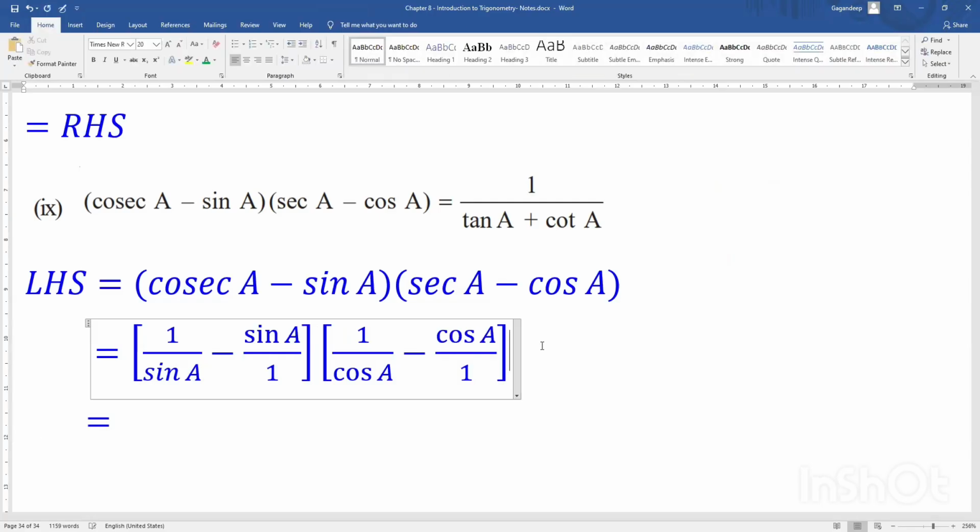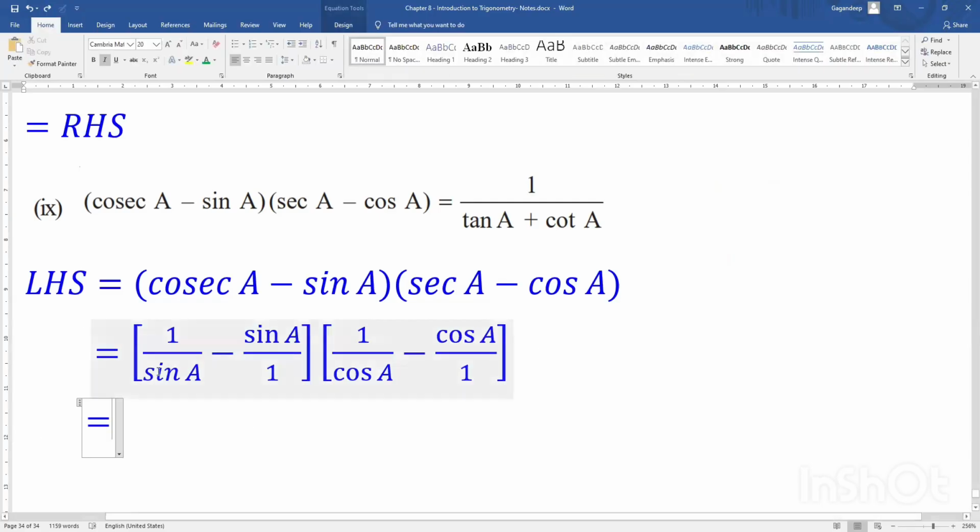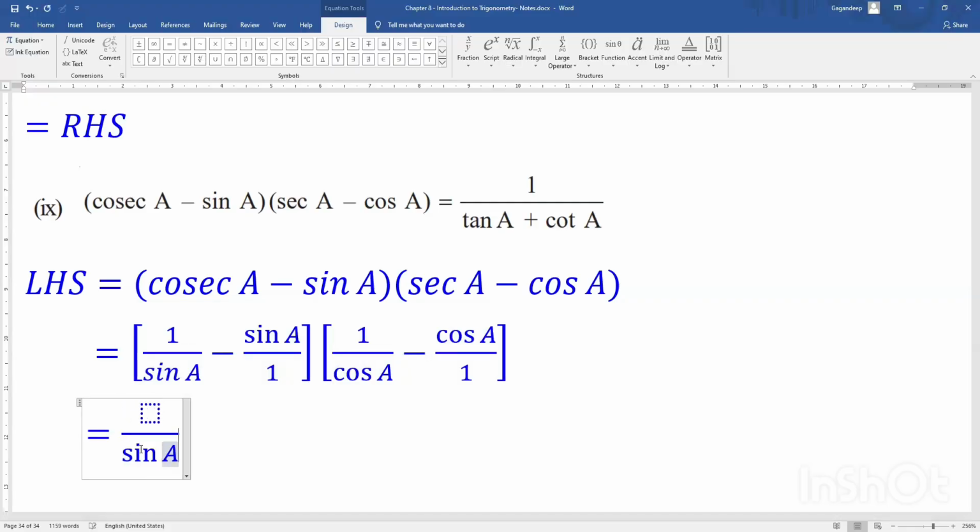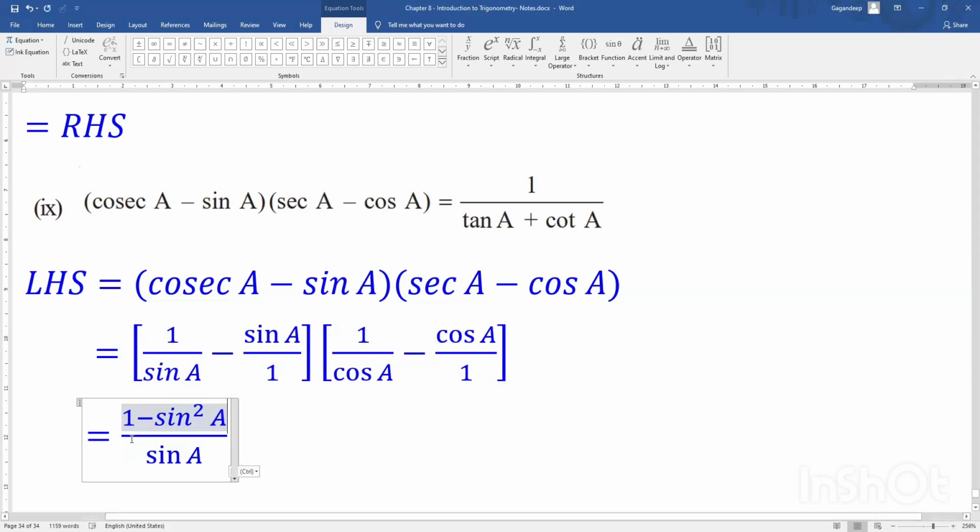First you multiply the denominator: sin A into 1 is sin A, and 1 into 1 is 1, minus sin A into sin A, which is sin square A. Now I put the bracket for this.